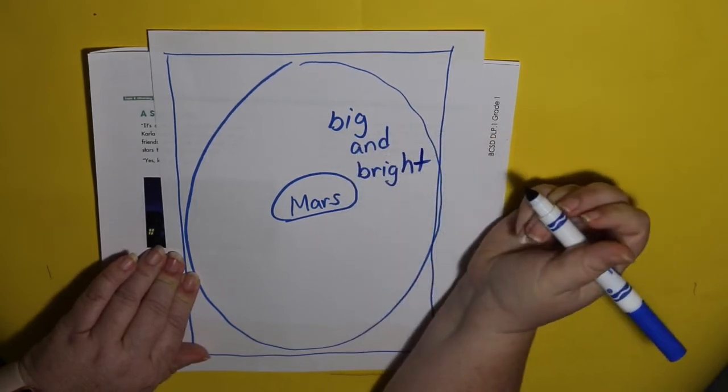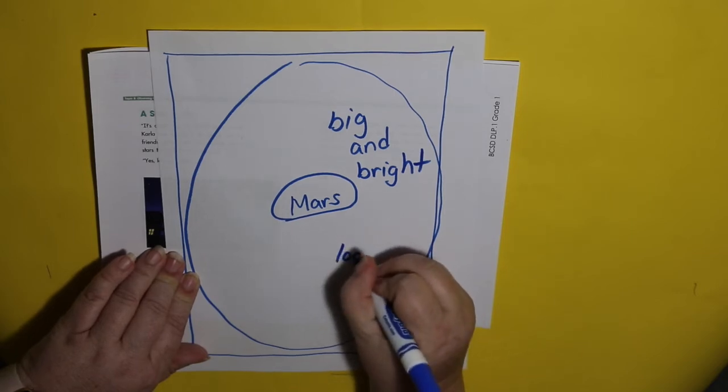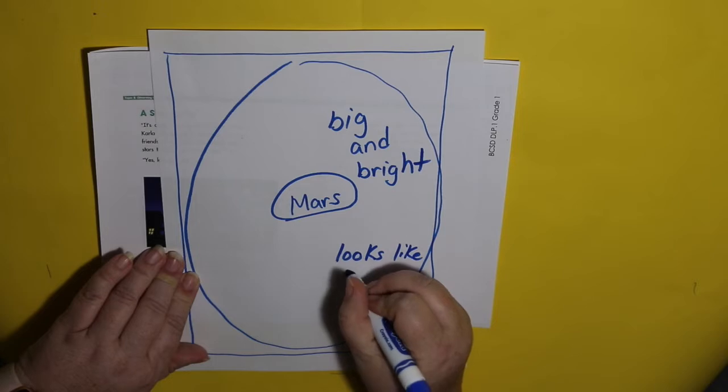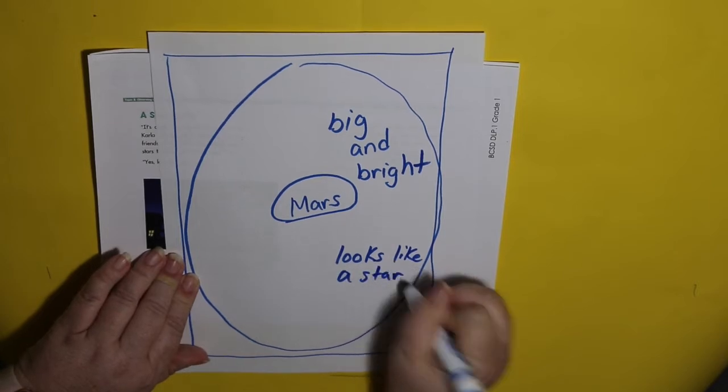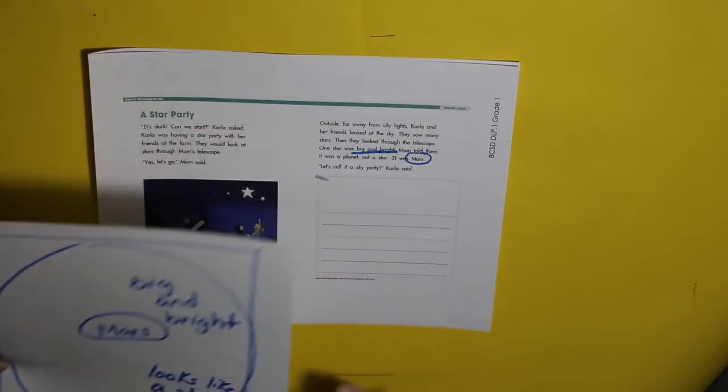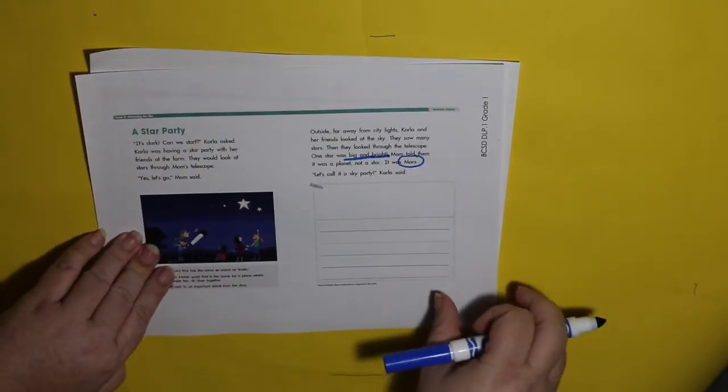So it looks like a star. So I'm going to add that on here too. It looks like a star when you look at it from the sky, even though it's actually a planet. All right, so I'm going to come back to this in just a moment, and we're going to read the second passage. And as we read it, I want you to be thinking about what you have learned about Mars.